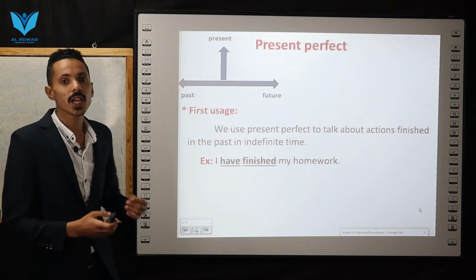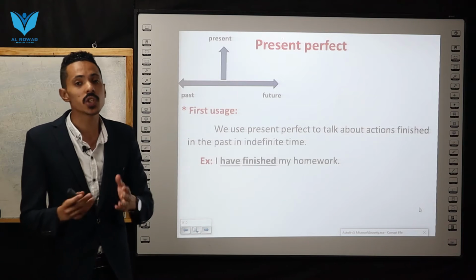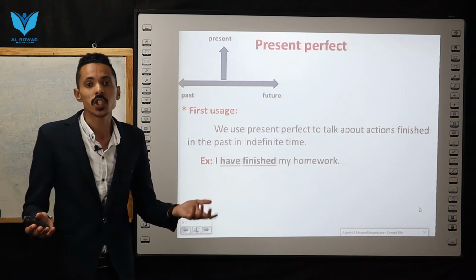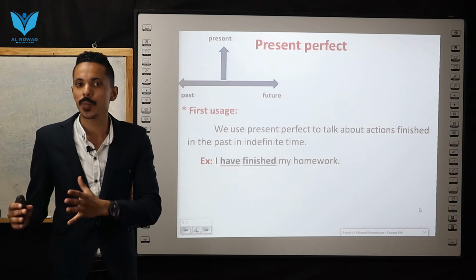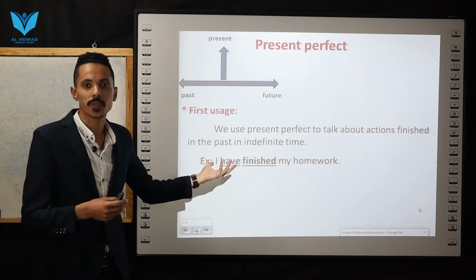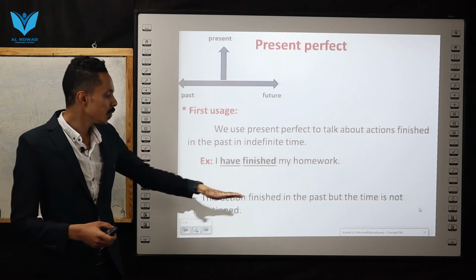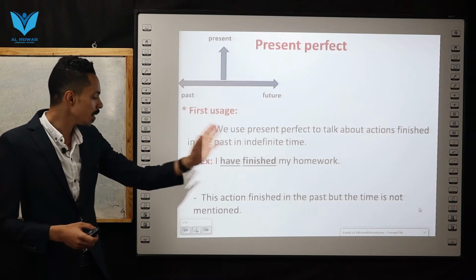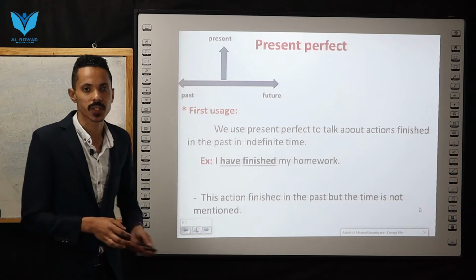No. So, if you want to talk about an action finished in the past and you don't know the time, or you don't want to tell us the time, don't use the past simple, use the present perfect verb. After that, so this action finished in the past, but the time is not mentioned. This means the time is not here in the sentence.